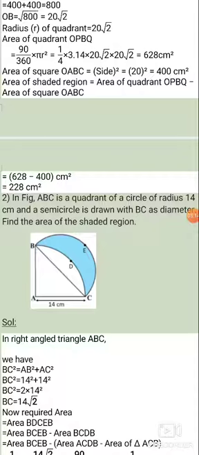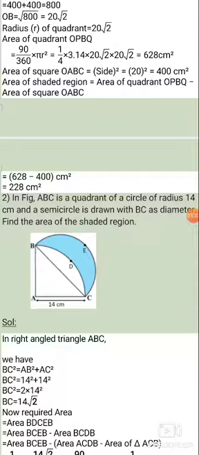Area of BCEB, that is the area of the semicircle, minus area of BCDB, that small portion.